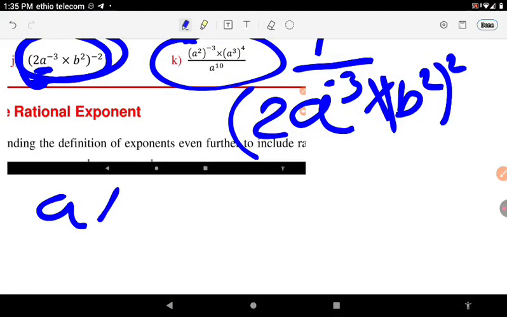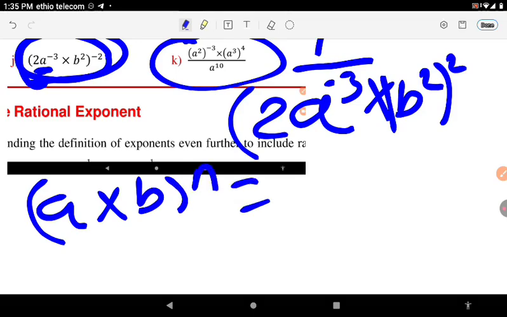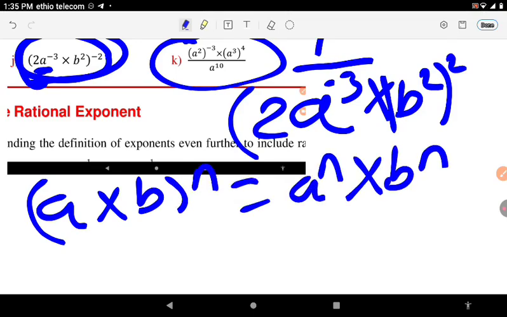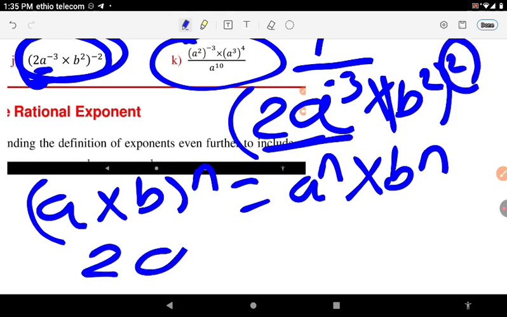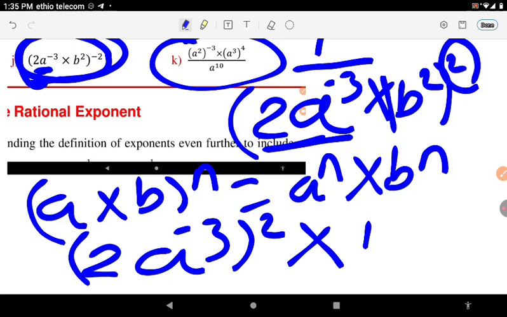Also, a times b to the power of n equals a to the power of n times b to the power of n. Just like the minus 2 here: 2 times 2 times a to the power of minus 3, the whole squared, times b squared, times squared.